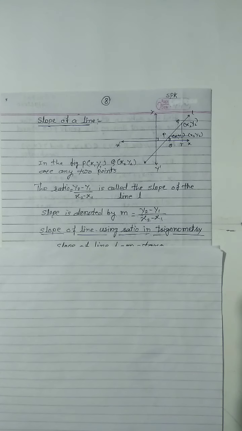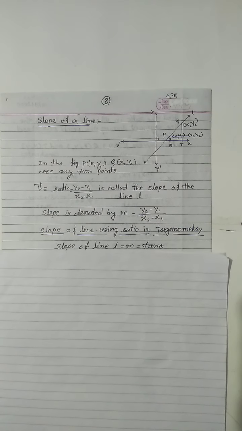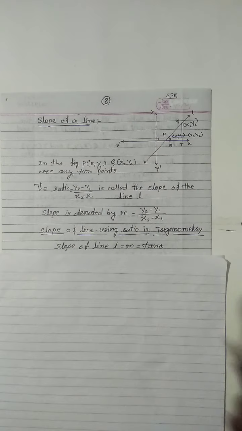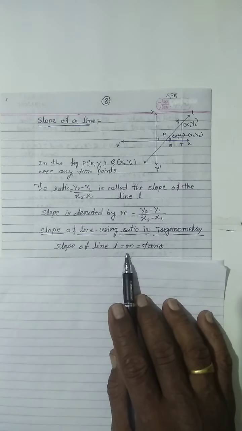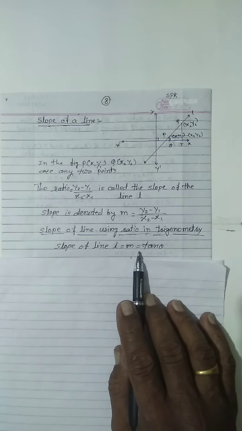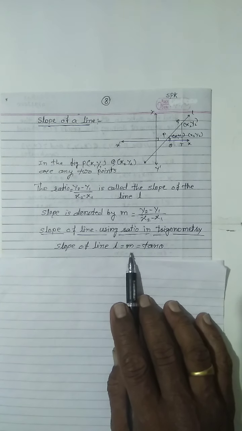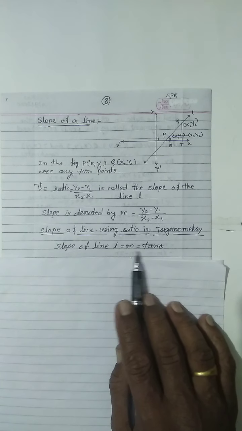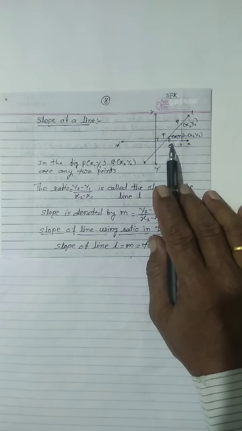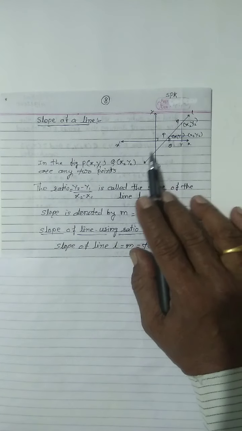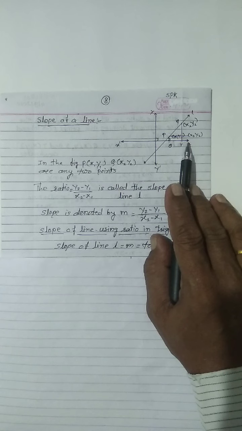Also, using the ratio in trigonometry, the slope of line L, m, is equal to tan theta, where theta is the angle made by line L with the x-axis.